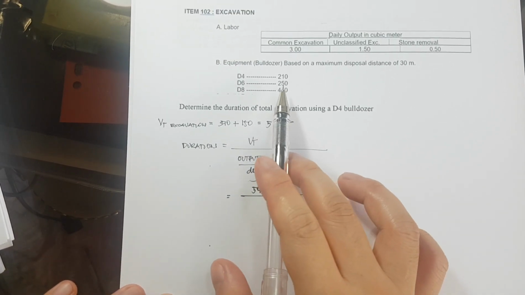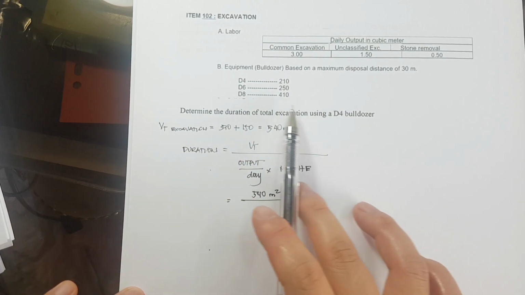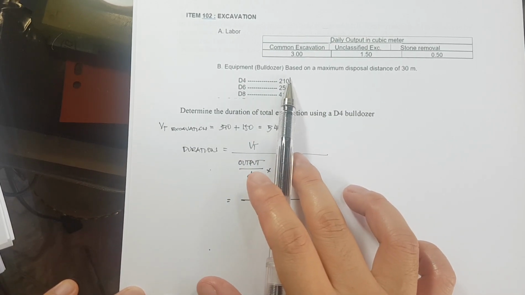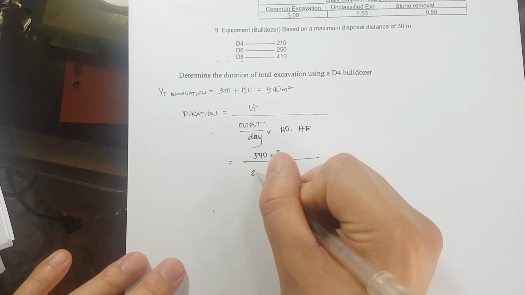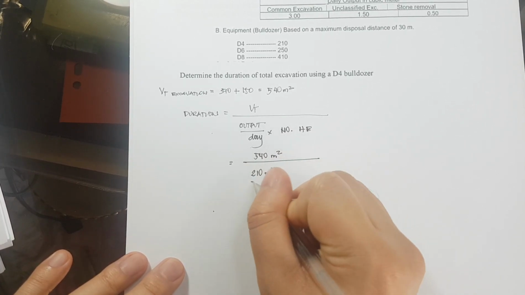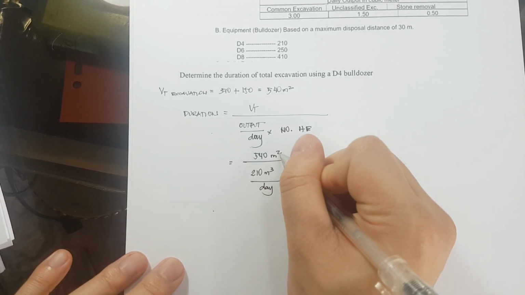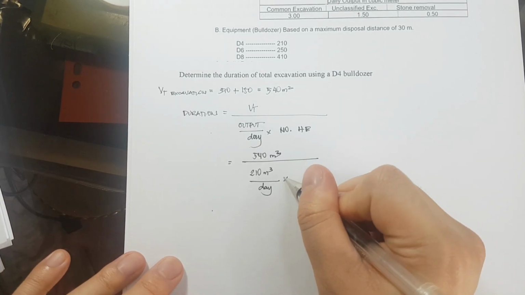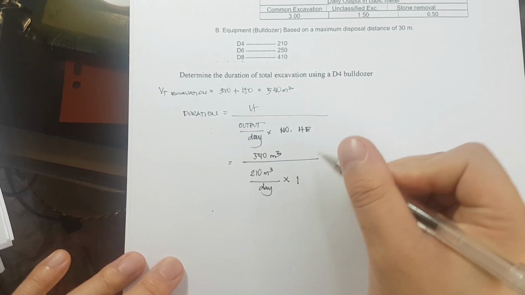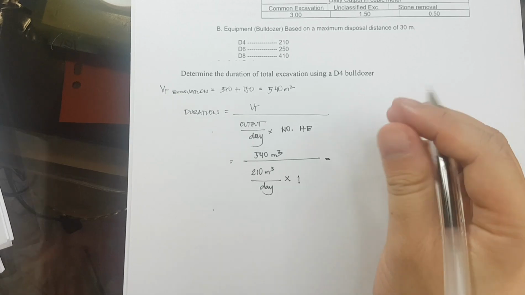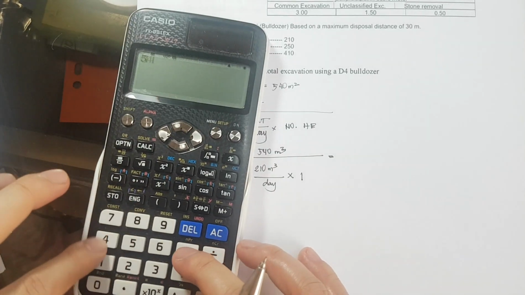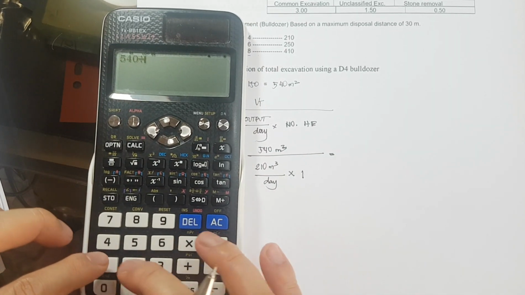Okay? And that is equivalent to 540 cubic meters. And ang output ng bulldozer natin is 210 cubic meter per day. Times, ilan yung bulldozer natin? Isa. So this is equivalent to 540 divided by 210.